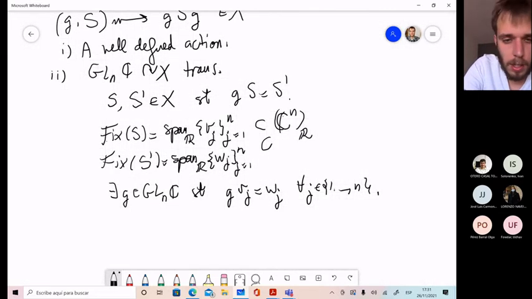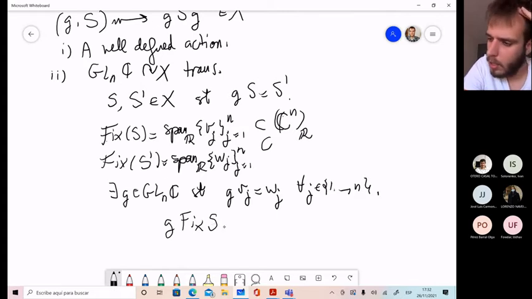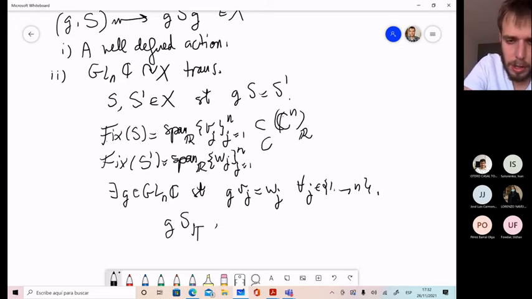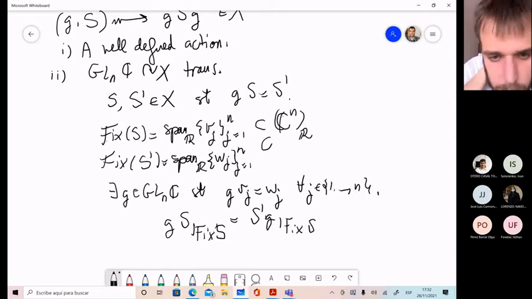So you have that g of S restricted to the set of fixed points of S is equal to S' g restricted to the set of fixed points of S. Okay?